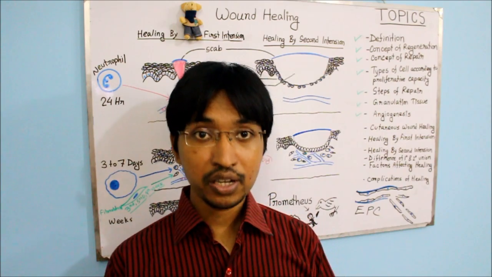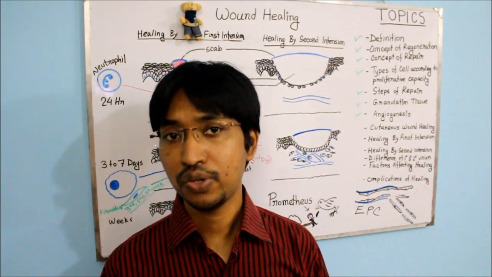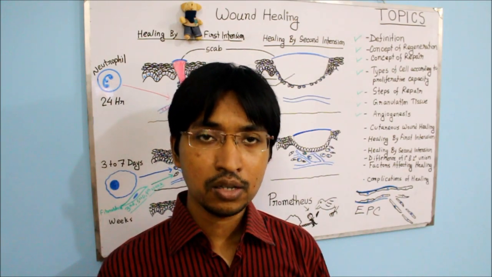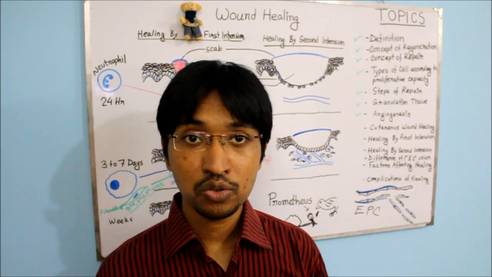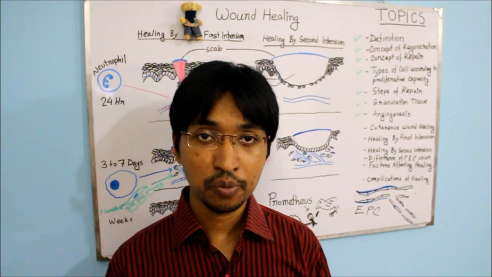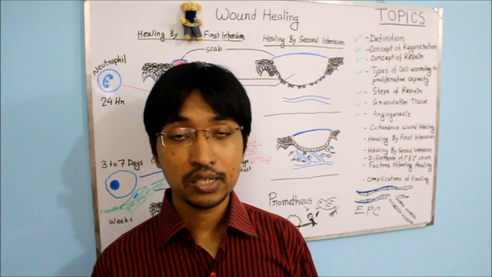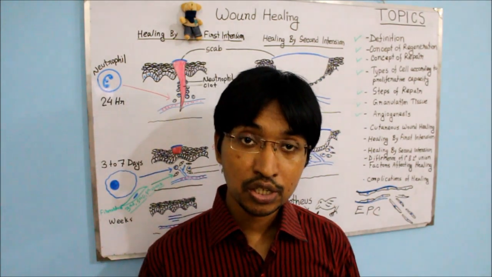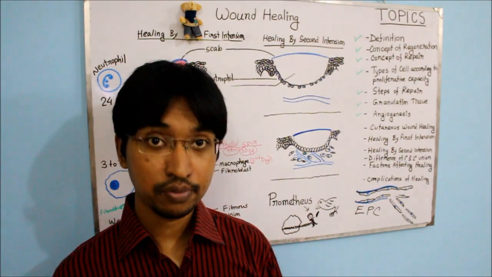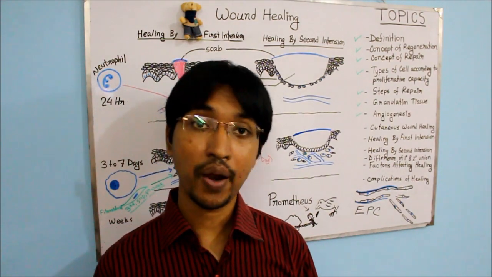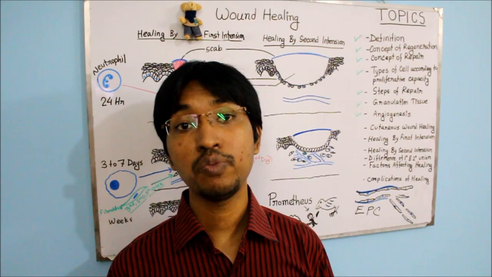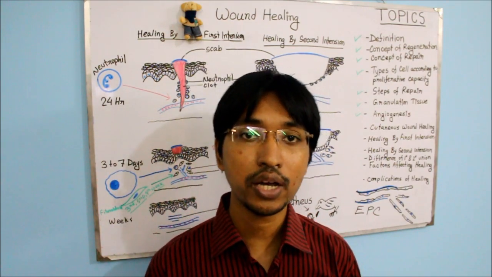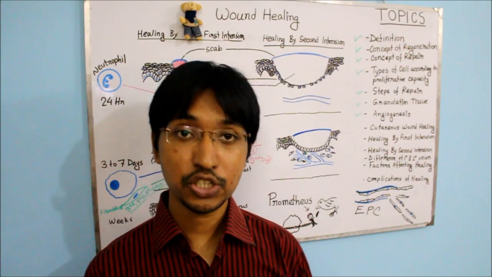Now, to say briefly about these phases, during the phase of inflammation, the inflammatory cells are the dominant cell type, and during the phase of proliferation, there will be proliferation of fibroblast and new blood vessels, which will form granulation tissue, and also there will be proliferation of epithelial cell, which will help in the process known as re-epithelialization.